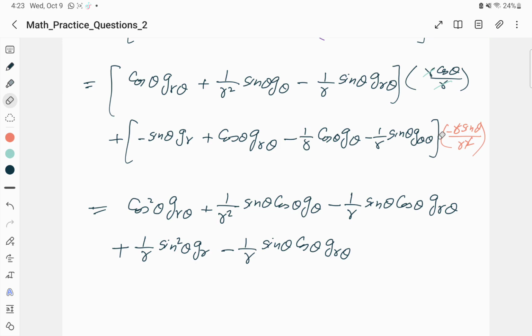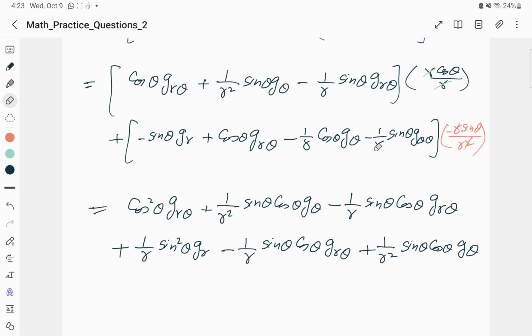And then this minus and minus, they will become positive, and here we have 1 over r, and there is already 1 over r, so it will become 1 over r square, and this will be sin theta cos theta g_theta, because this is g_theta cos theta from here and sin theta from here, so this will be sin theta cos theta and g_theta.